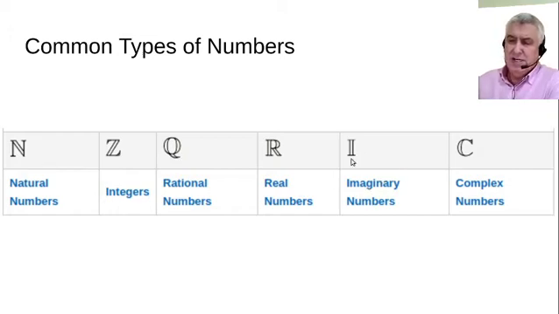We haven't really gotten to imaginary numbers or complex numbers yet. When I'm typing these out, a lot of times I don't use the actual font style, so we may just use a capital N and a capital Z and a capital Q and a capital R, and pretend. You'll see those, but you'll need to remember what those mean.